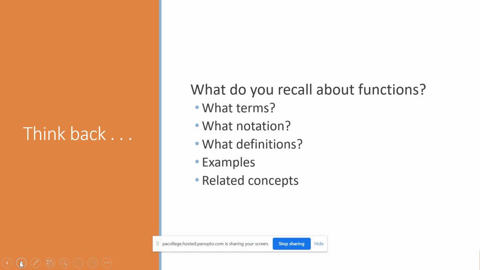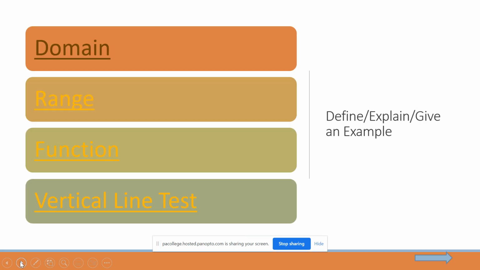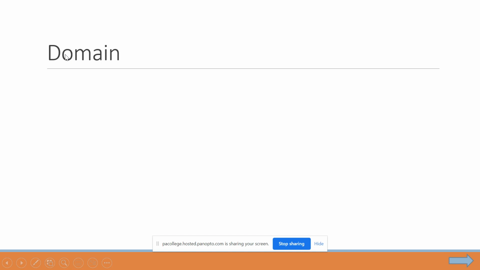Let's take a look at some of these key terms and what they mean for functions. Our first term is domain, and there's a lot going on when we think about the domain of a function. So when we're talking about domain, some of the other words or related concepts that can be used is that the domain is equivalent to the x value.